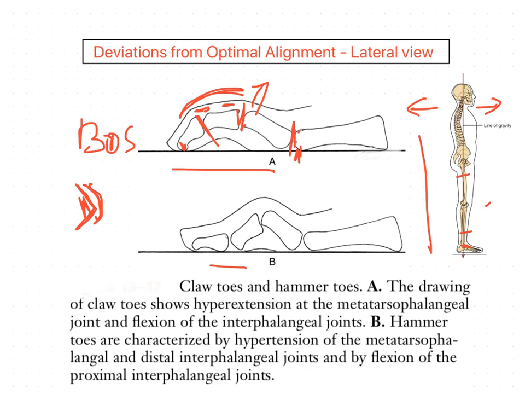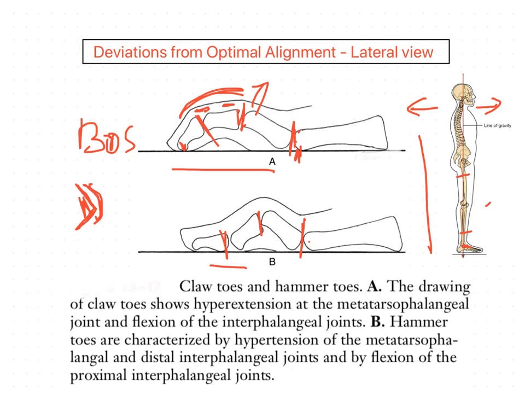Okay, so now we will see another condition, or deformity, or deviation from optimal alignment, which is the hammer toe. This hammer toe is described as hyperextension at the metatarsophalangeal joint, flexion of the proximal interphalangeal joint, and hyperextension of the distal interphalangeal joint.